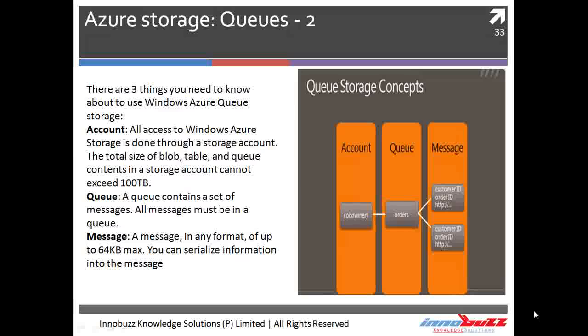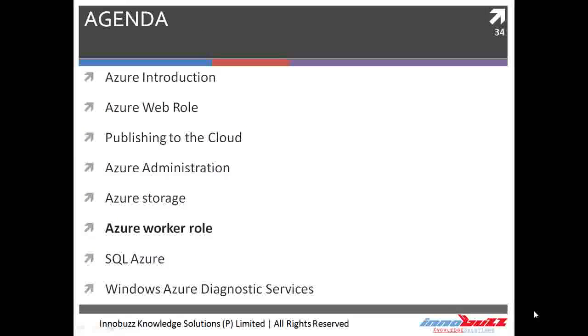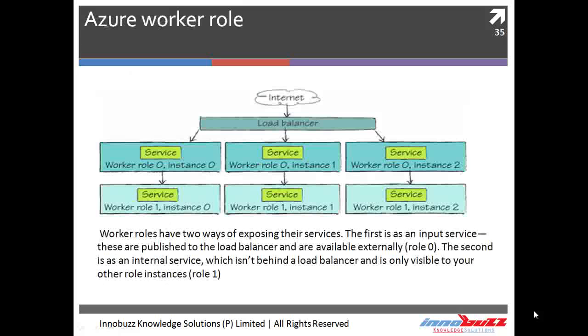Okay, now going further into the presentation, we hit the agenda again. The Azure worker role. Worker roles can receive the messages they need to process in either a push or pull way. Pushing a message to a worker instance is an active approach where you're directly giving it work to do.